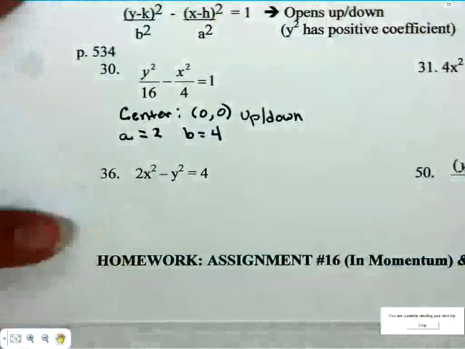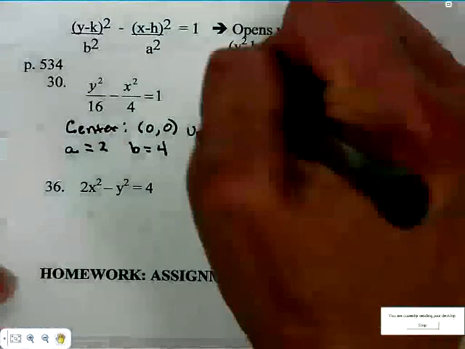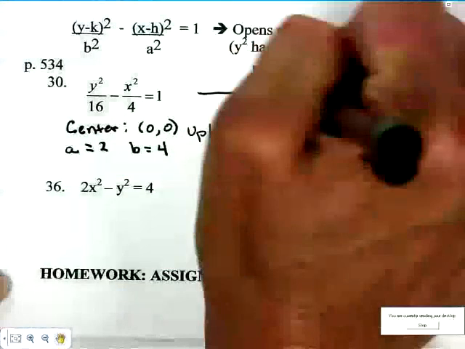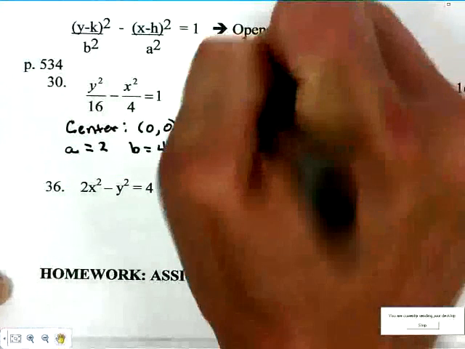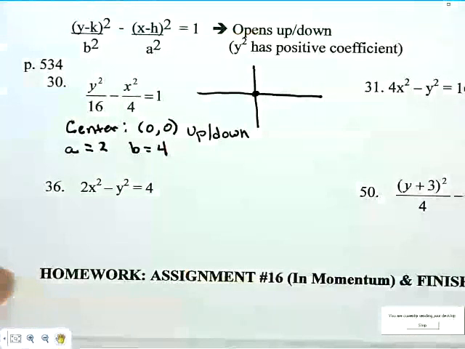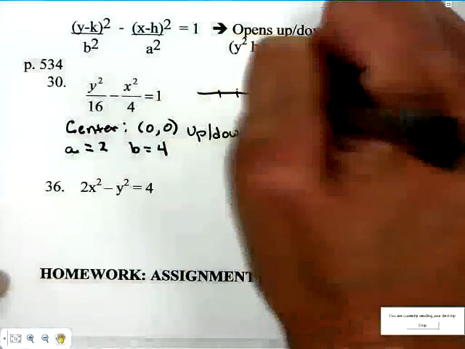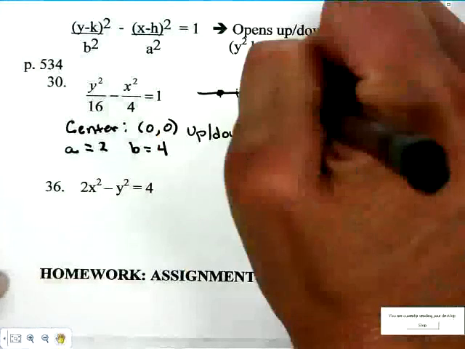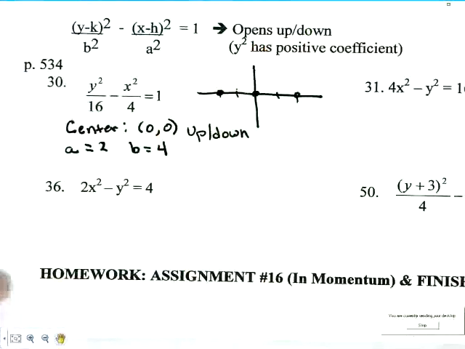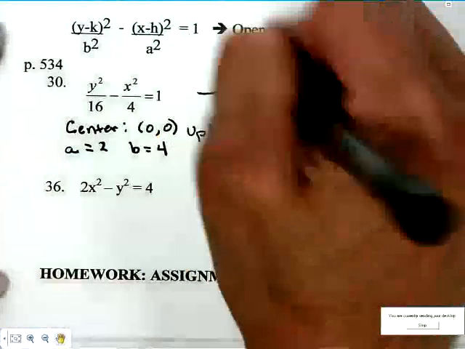This is the most fun you can have without a quart of ice cream. Center is 0, 0. Left 2, right 2. Up 4, down 4.